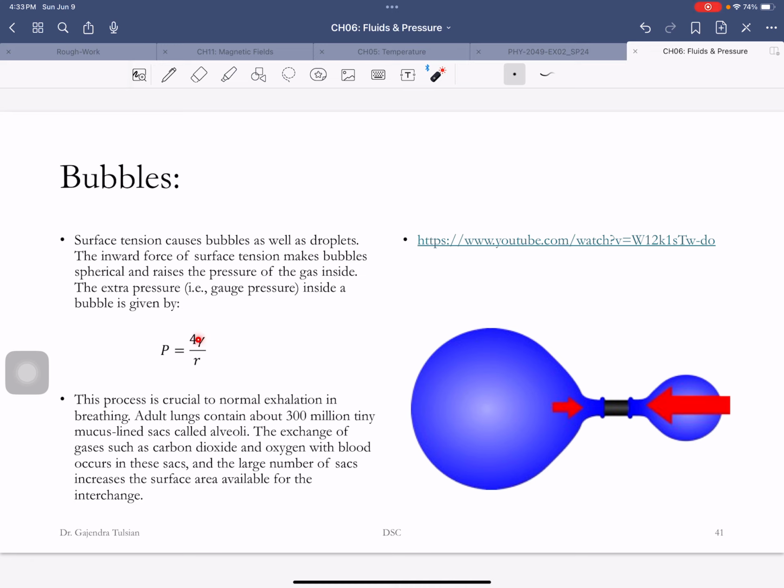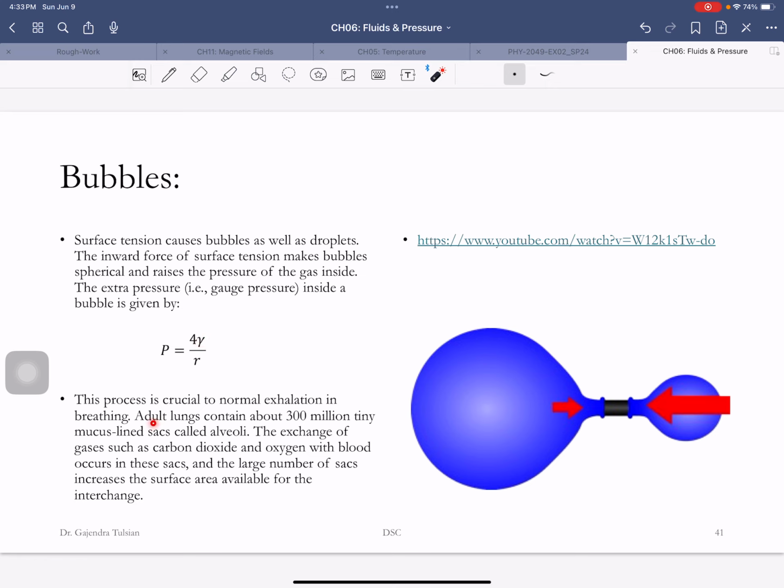Some newborns have that problem, where the surface tension is too high and the pressure inside is too high, and so it collapses. You're not able to inhale, or this is not able to expand, and you have a hard time breathing. You would need surfactants to reduce the surface tension. But anyway, we'll come to that.